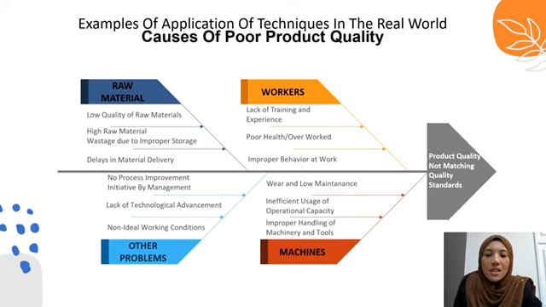Finally, the other problems, such as lack of technological advancement. If there is a decrease in the efficiency of a product or a process, there will be a decrease in output too. No process improvement initiative was made by the management to resolve any problem that arises, and there are non-ideal working conditions.